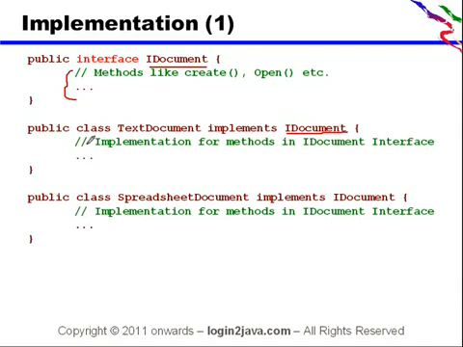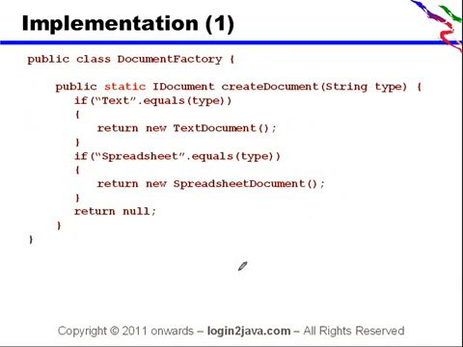Text document implements iDocument and the implementation goes here, and spreadsheet document implements iDocument and the implementation goes here, and similarly a Word document implements iDocument. Any number of types of document can implement iDocument. I think this is pretty simple.